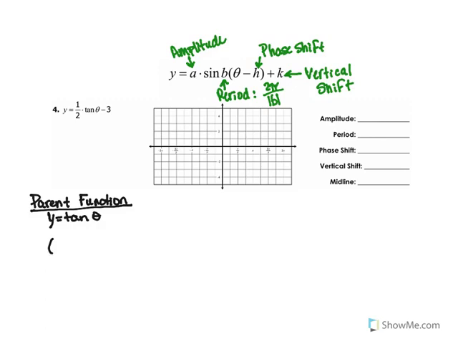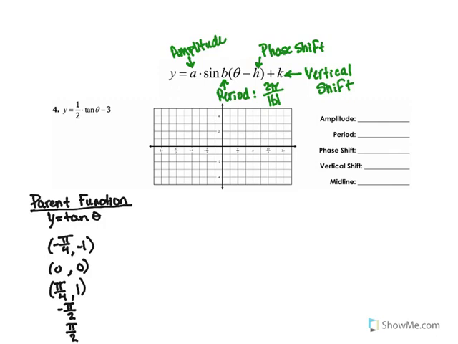So let's use our common ones. So we're going to have negative pi over 4, -1, 0, 0, and pi over 4, 1. And then let's also do this to two of our asymptotes. So let's do this to negative pi over 2 and pi over 2.